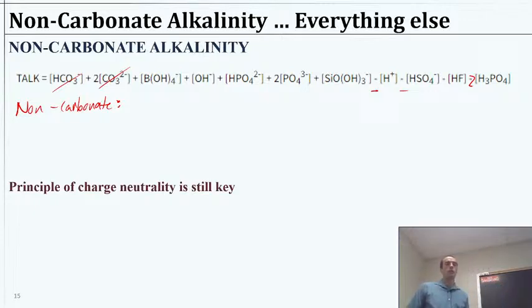If we're considering what portion of our alkalinity is coming from carbonate versus non-carbonate, at some point, the total alkalinity will be governed by the charge neutrality, but if we're just discounting part of it to understand how much of it maybe we could remove by stripping the system of CO2, that's a different problem, and we might just be looking at it a little bit separately for the moment.